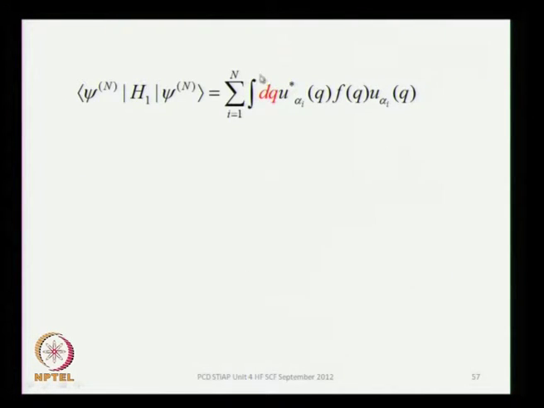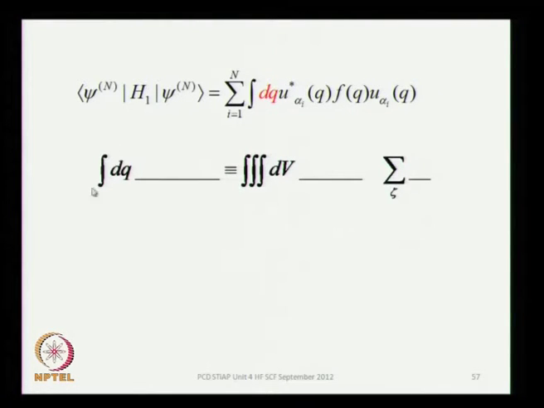So, let us have a look at this integral. This is integral over Q, which stands for all the 4 coordinates, and this is a triple integral over the 3 space variables and a summation over the spin coordinate. That is what it means, right.